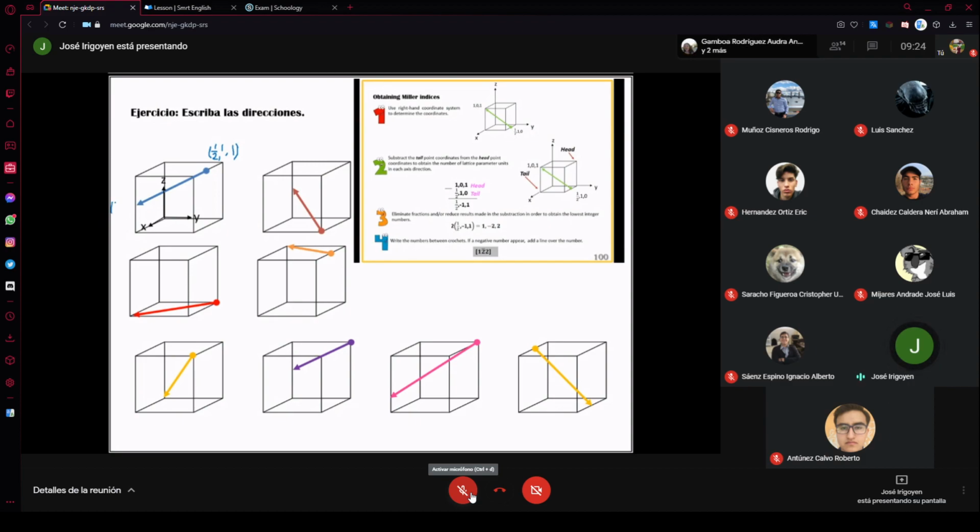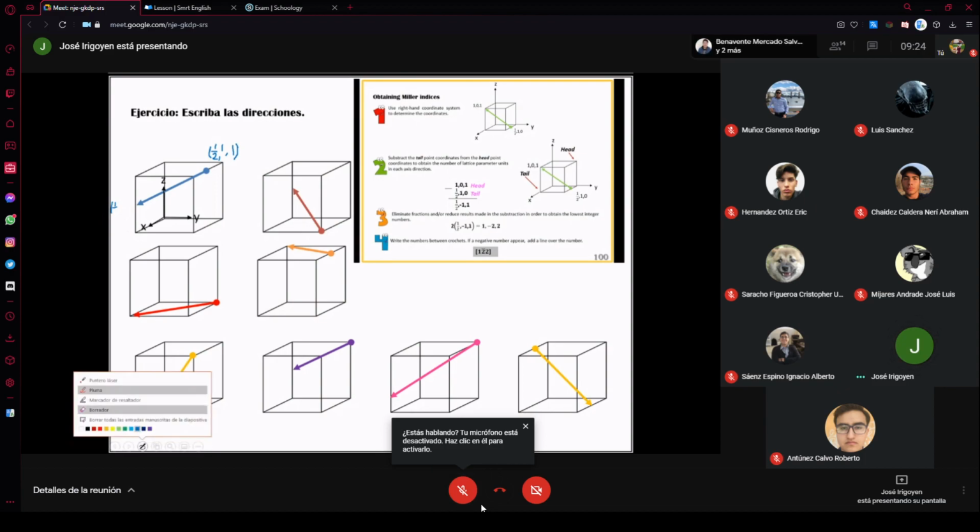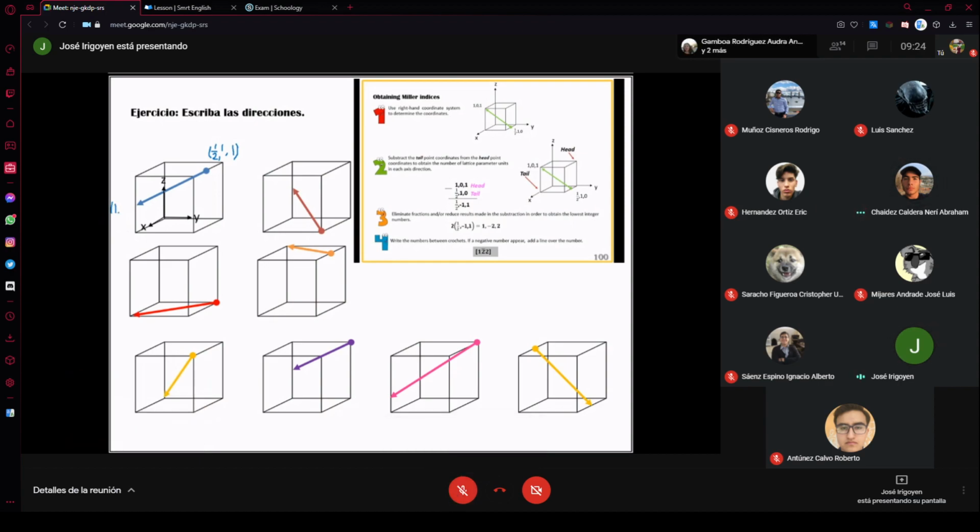What are the coordinates in this case? What's the value for X? 1. 1 for Y? 0. And the other one? 1/2. Very well.